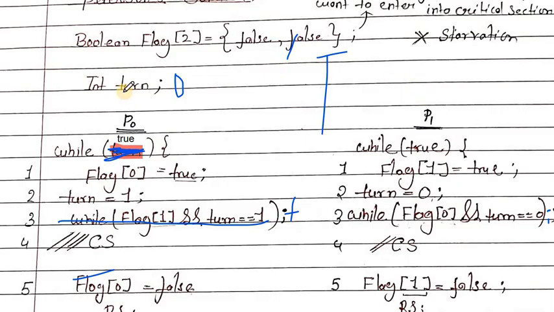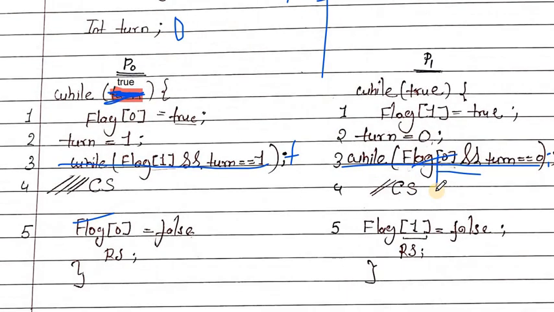Then check the while condition: flag 0 is false, and turn 0. So the overall condition becomes false, so the process P1 comes into the critical section.